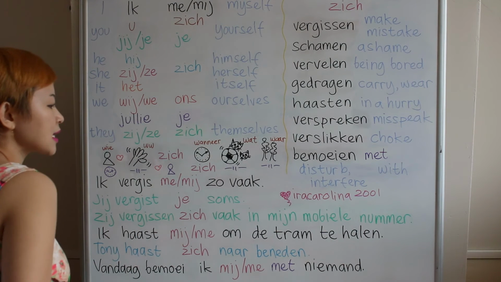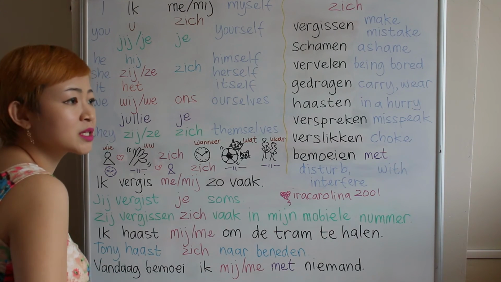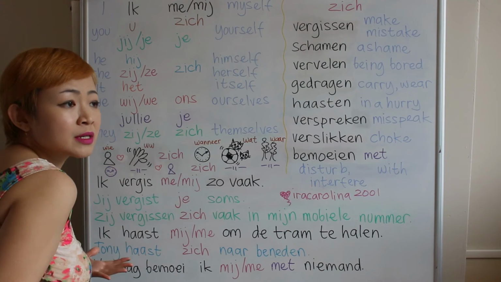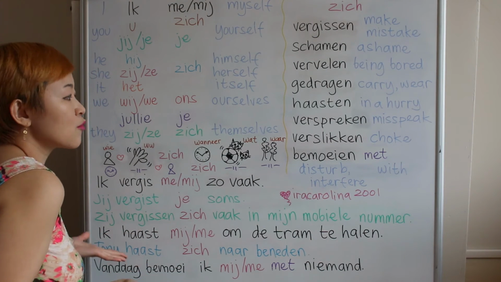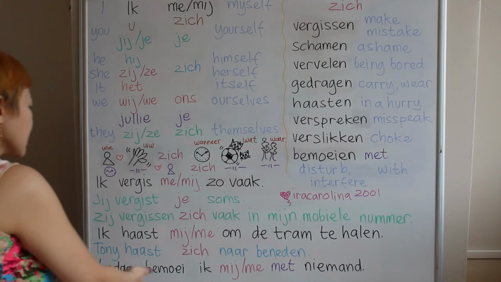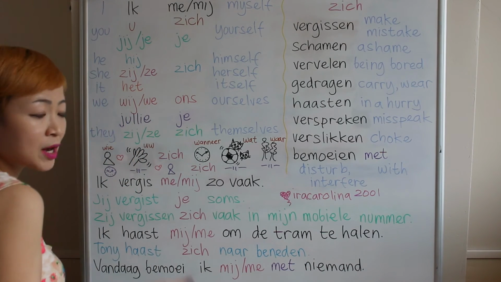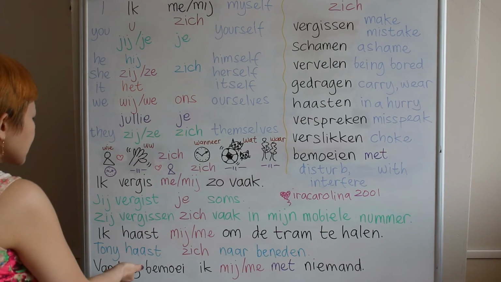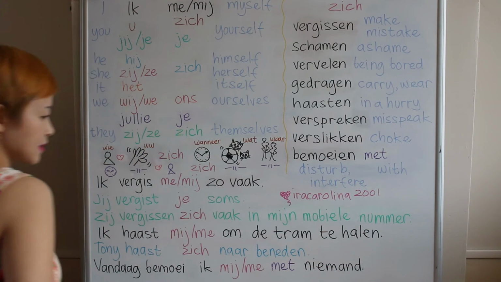It can be translated like today I was not being disturbed or being interfered by someone, by no one. No one interfered me, no one disturbed me. Today. Vandaag bemoei ik mij met niemand, no one, nobody. Vandaag bemoei ik me met niemand.